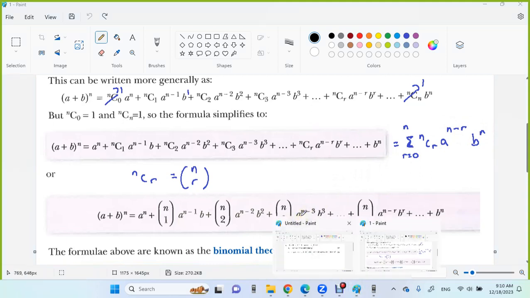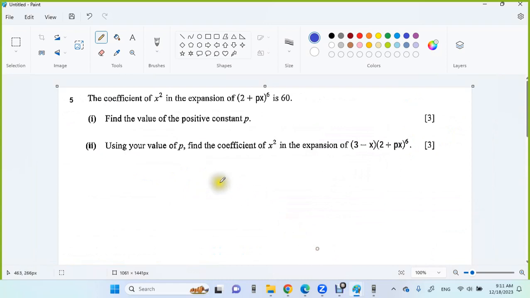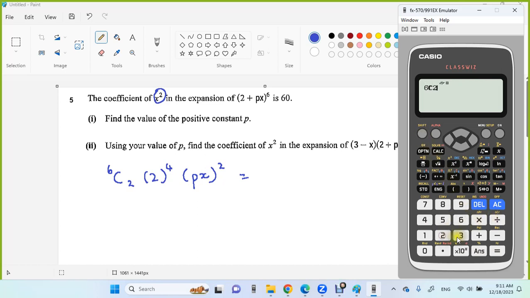So for this one, it will be 6C2, because this is power 2, times 2 to the power of 4, and (px) to the power of 2. 6C2 is 15, times 2 power 4, which is 16, so 15 times 16 is 240.